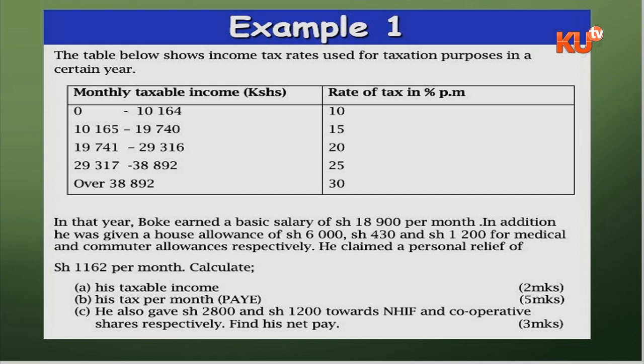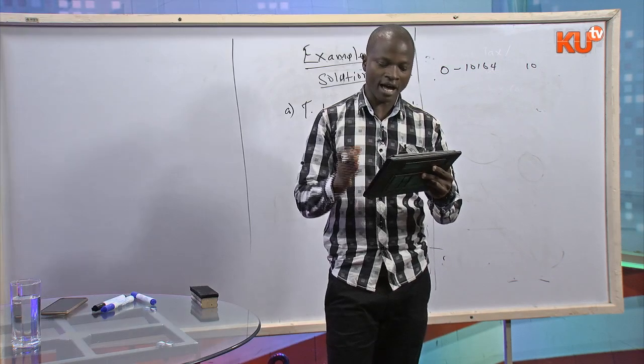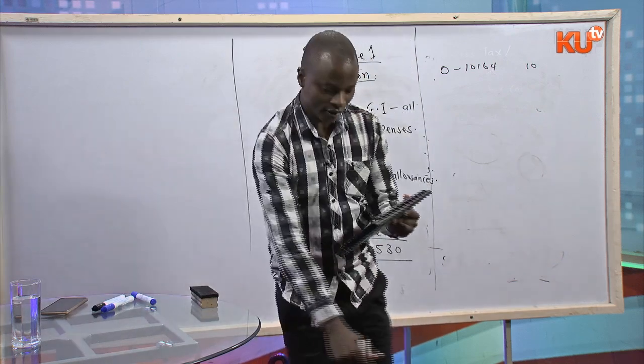These rates we are given as 0 to 10,164, then on the other side 10%, like that. These are called slabs. So you look at the first slab, second slab, third slab, like that. So looking at 26,530, in which slab does it lie? Yes, it's in the third slab. It's between 19,741 and 29,316. Very good.